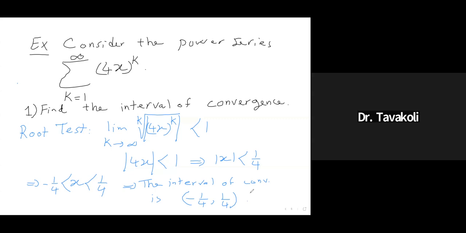At the endpoints, you can easily see that, for instance, at 1/4, if I replace x with 1/4 in the original series, I'll get a divergent series, as well as with minus 1/4. So for this example, the interval of convergence is obviously an open interval.